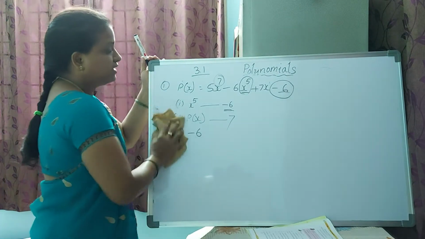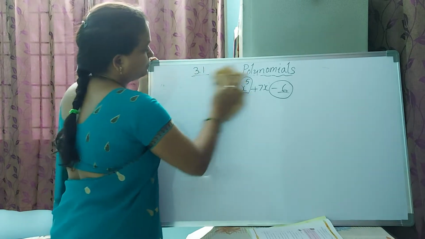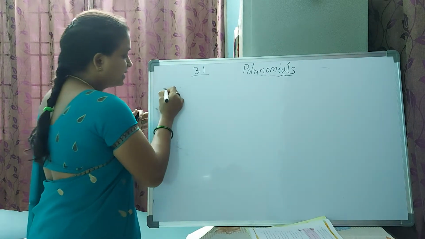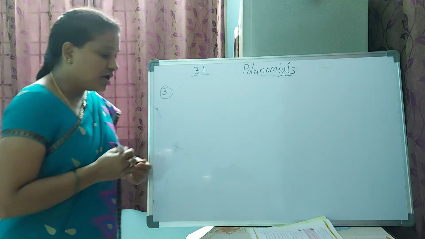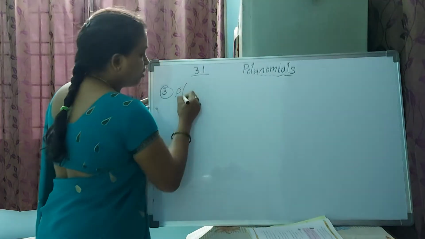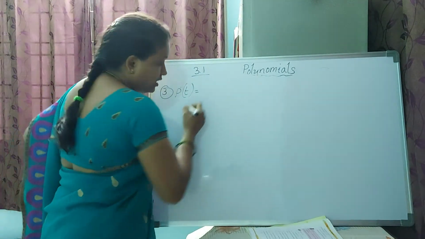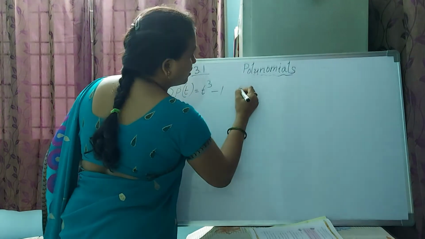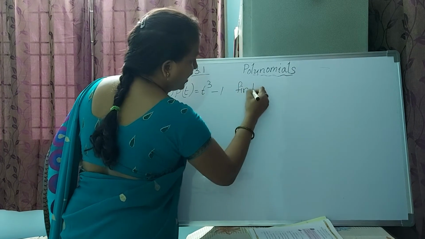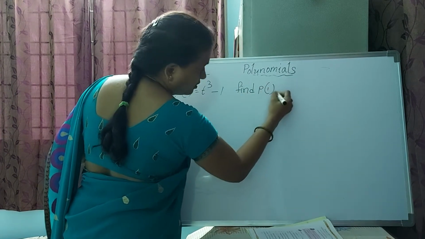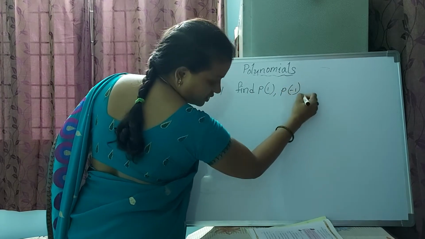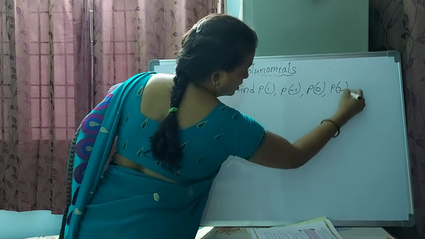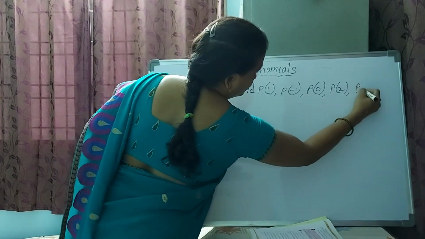First, second we completed. Now we'll see the third one. In Exercise 3.1, next, the third one, what he has asked you: if P of t is equal to t cube minus 1, then find the values of P of 1, P of minus 1, P of 0, P of 2, P of minus 2.